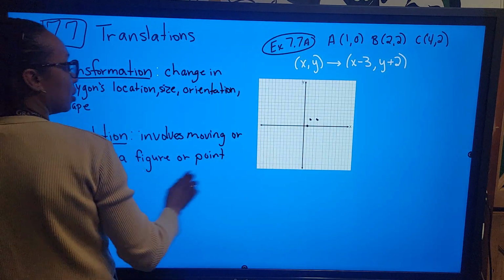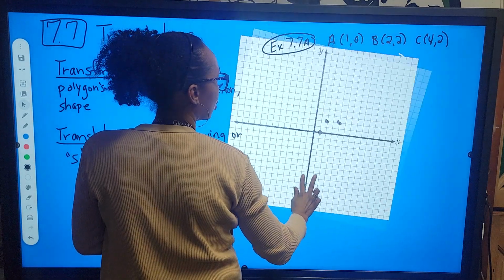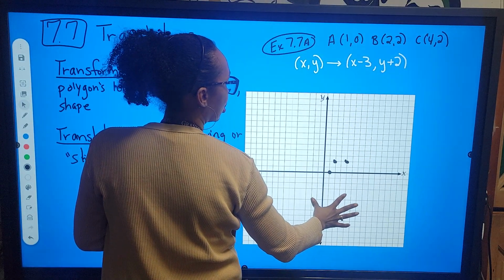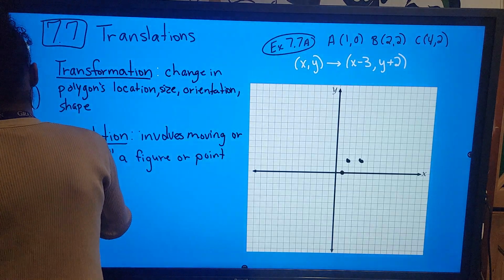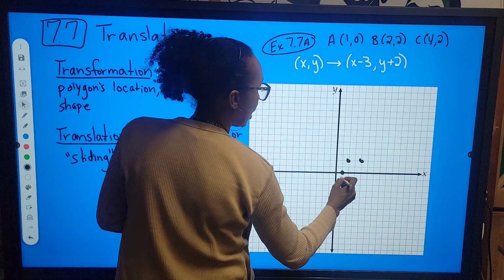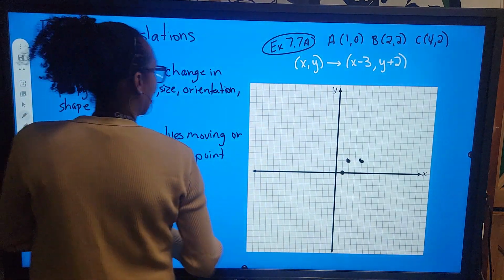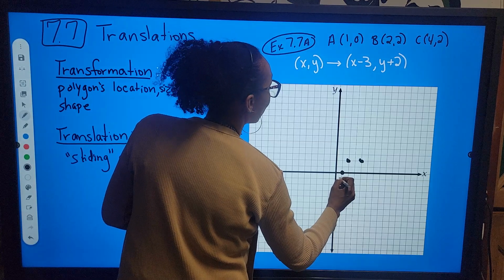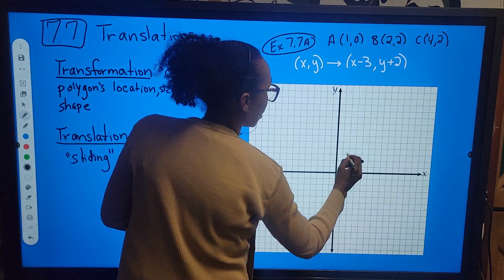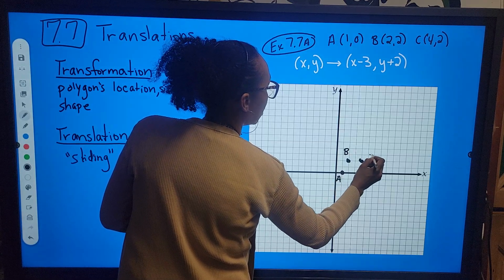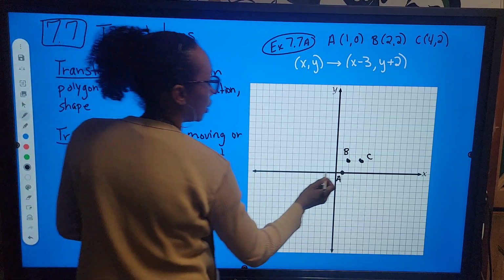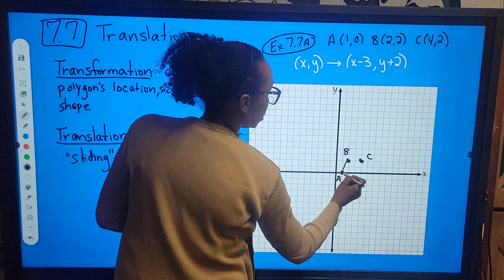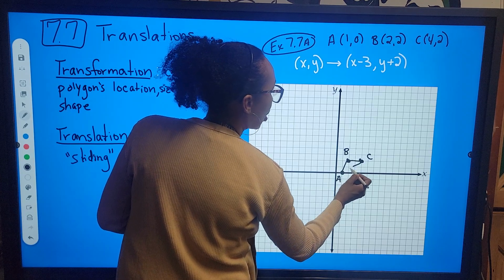Let me see if I can make this bigger. All right, and so here we have A, B, and C, okay? And we're going to connect those. You would use a straight edge. I'm just going to sketch it today, all right?